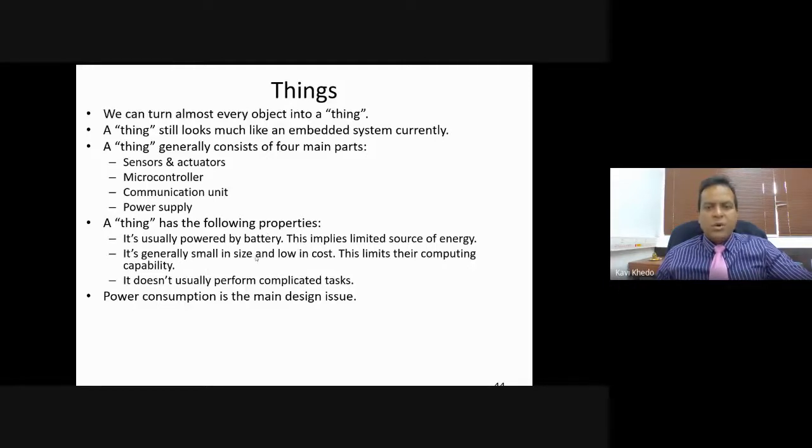So it is generally small in size, low in cost, because those sensors are becoming very cheap. You see my last point here, power consumption is the main design issue. For all the protocols, for all the considerations that we have to take on board, you have the issue of power consumption. So you need to have this always in the back of your mind.